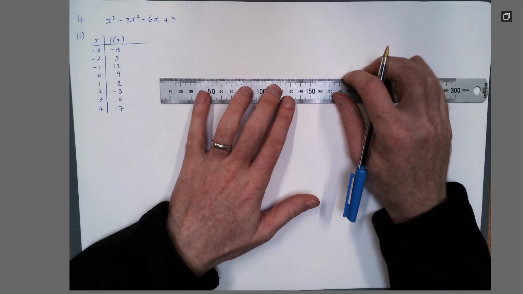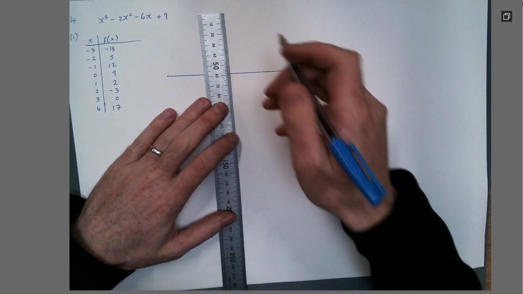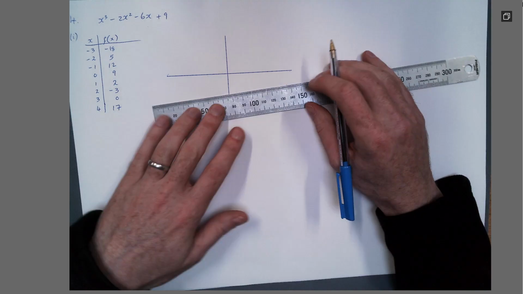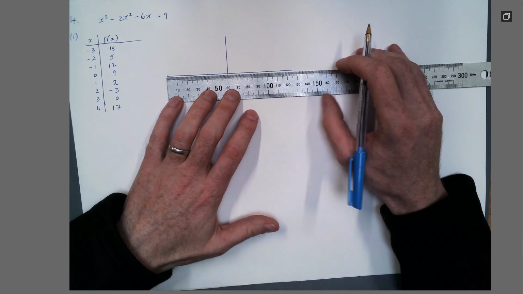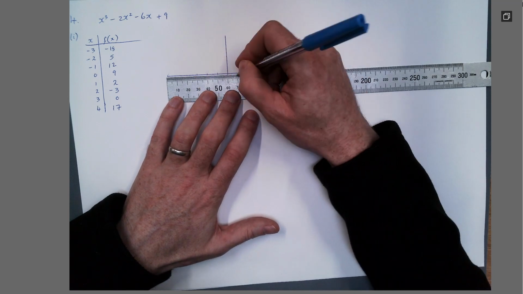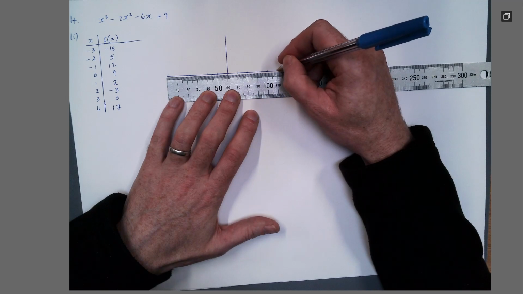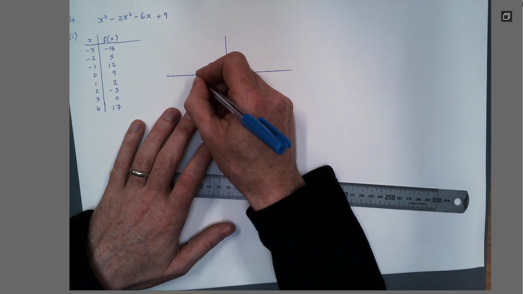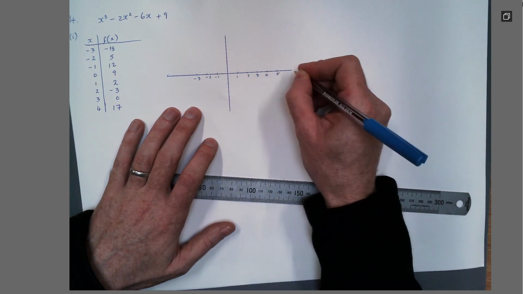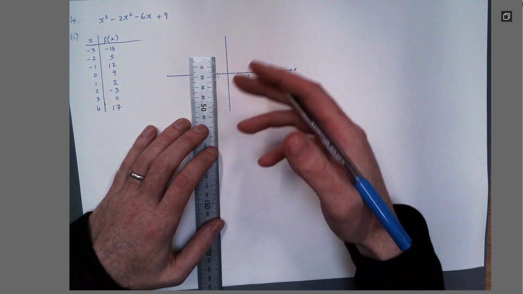We just go and plot the x against y axis, and draw the axis of the graph, but the grid needs care. So we use the x values minus 3 to 4, and the y values.